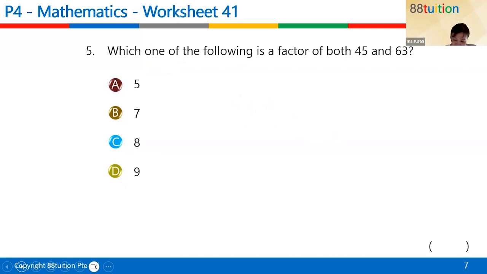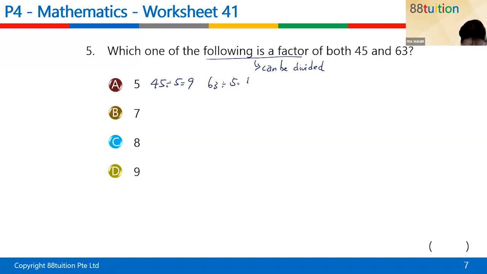Which of the following is a factor of both 45 and 63? When they ask which of the following is a factor, it means can be divided. So let's check. Can 45 be divided by 5? Yes, that will give you 9. Can 63 be divided by 5?